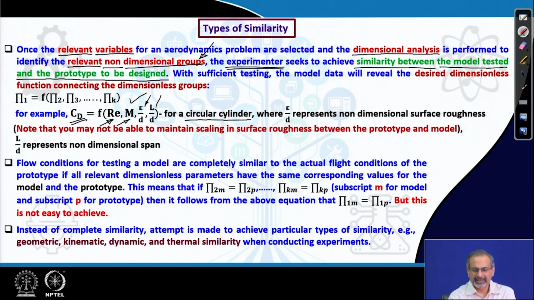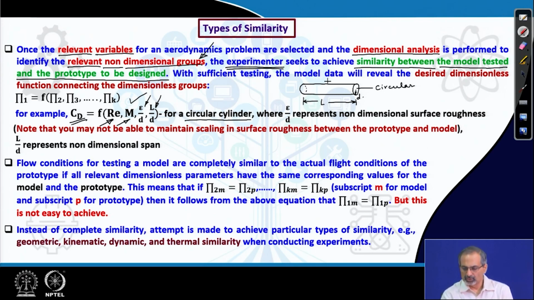And then L by d, where L is essentially the span of the circular cylinder. So, you have a model which has a section which is circular and the section has a diameter d and the span of the model is L. So, that is basically the idea.